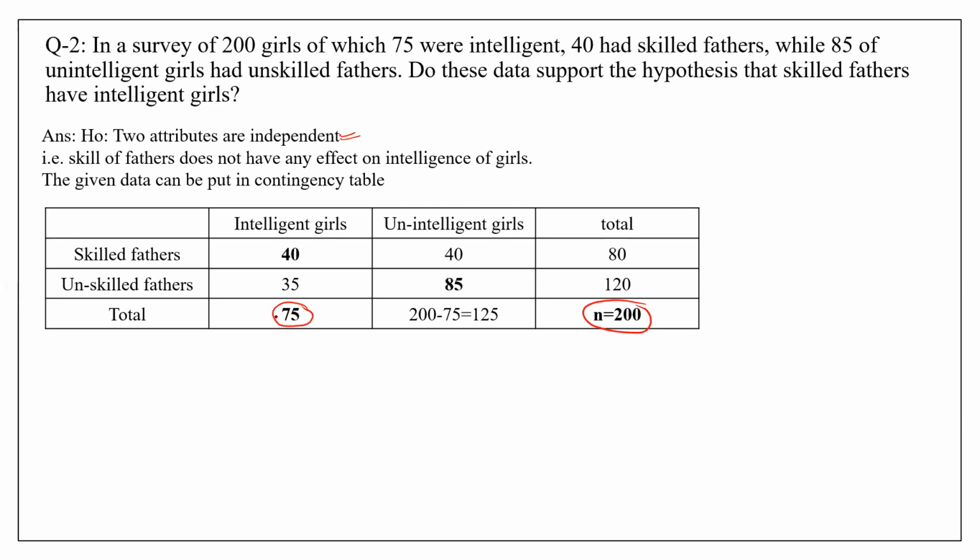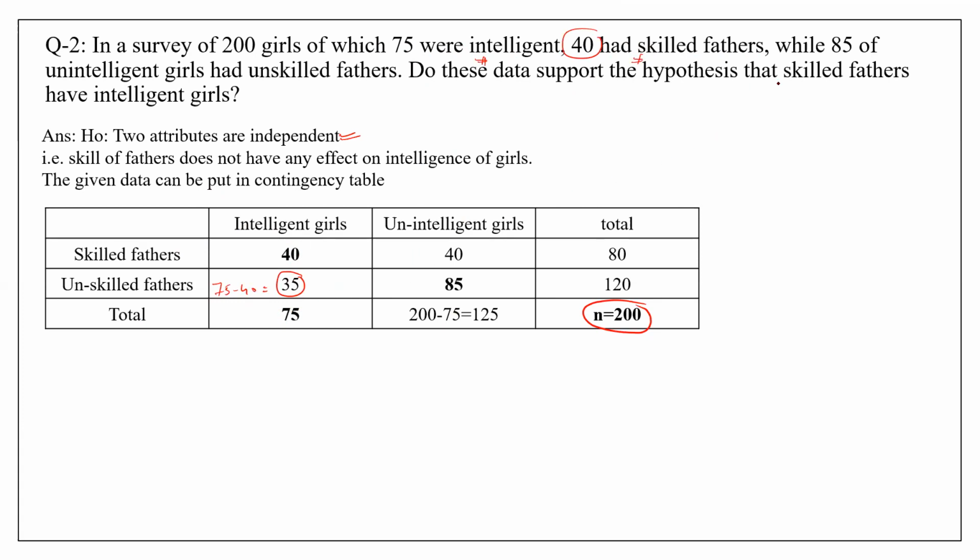Now 40 had a skilled father, so skilled father and intelligent is 40. So if 75 is there, 40 is there, 75 minus 40 will be 35.